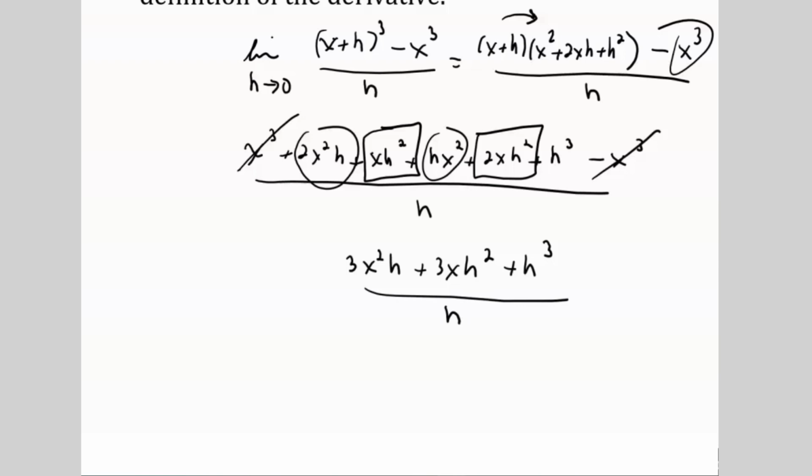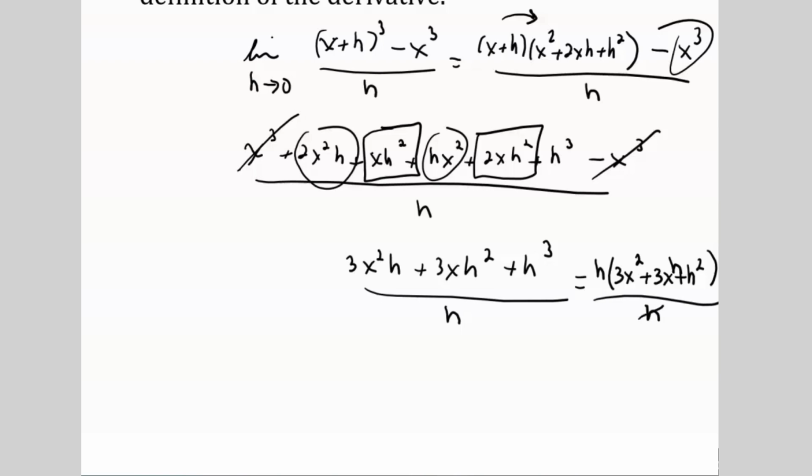So we can factor out an h from the numerator. We would get 3x squared plus 3x plus h squared, all divided by h. Oh, sorry, this would be 3xh for that term there.